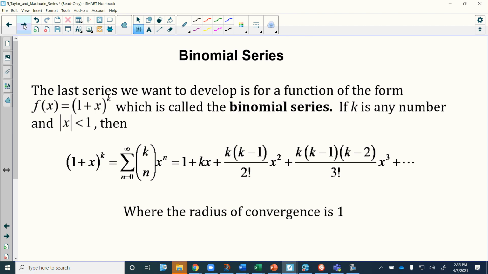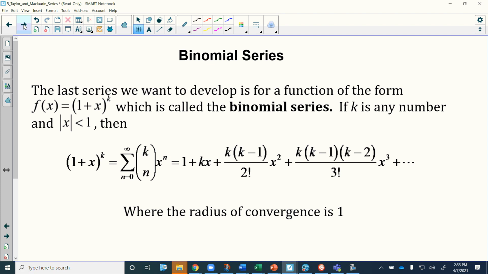Now this next bit here, this is where we're getting into a binomial series. Now binomial series hasn't really popped up in calculus so much so far. It is something that you may have seen in pre-cal, college algebra, something like that, when you're talking about permutations, combinations, things like that.